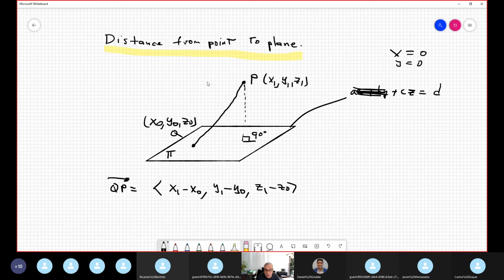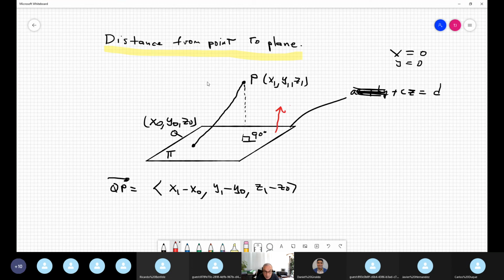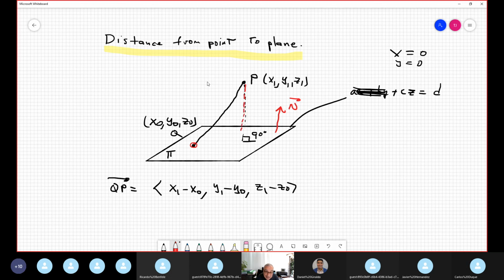Now, what information do we have in the plane? We have a normal vector. The normal vector is the most important vector in the plane. Because remember, you define the plane using one point on the plane, maybe Q, and the normal vector. So basically, if you want to find that distance, we are doing a projection. But this segment is parallel to the normal vector. Therefore, we are using now the horizontal projection.